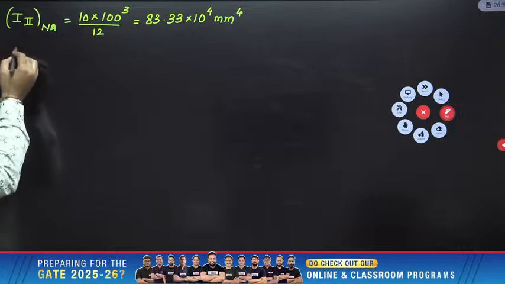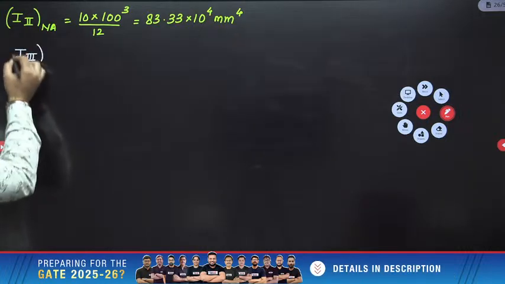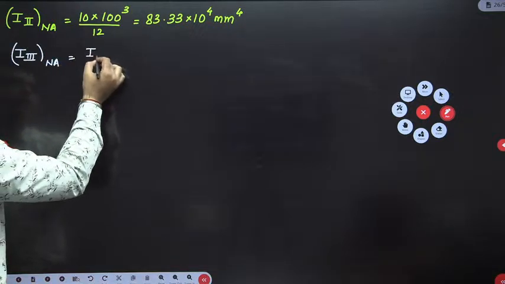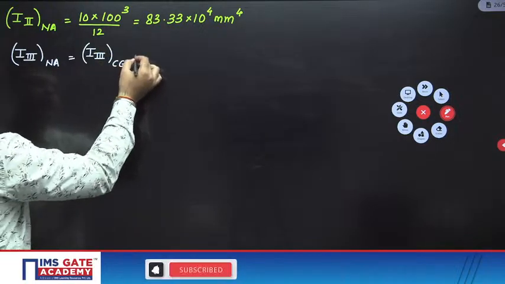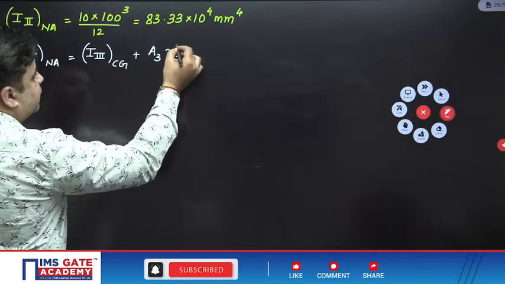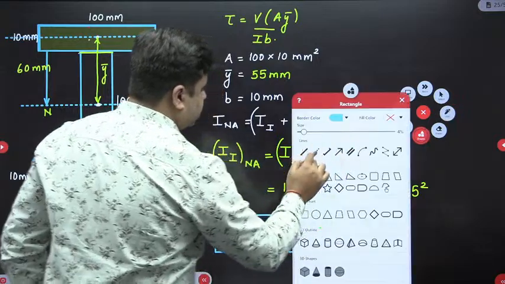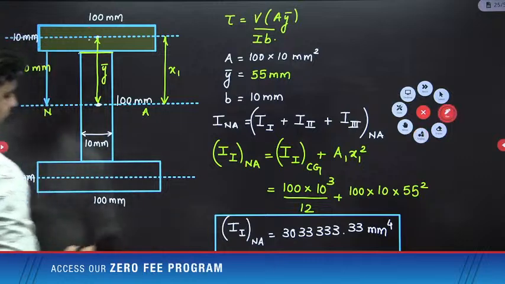Okay. Now third, moment of inertia of the third rectangle about neutral axis is equal to moment of inertia of this third rectangle about its centroidal axis parallel to neutral axis plus A3 into x3 square. When you draw the centroidal axis of this third rectangle, it will be like this.